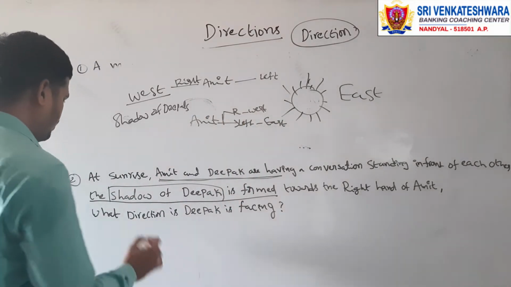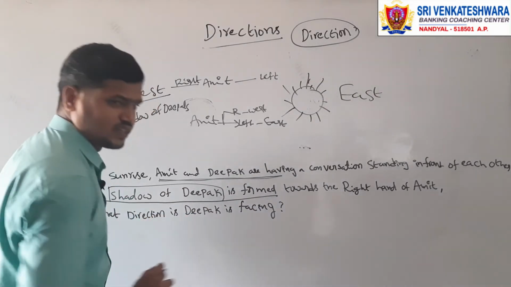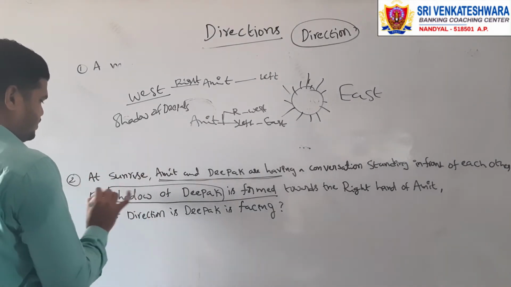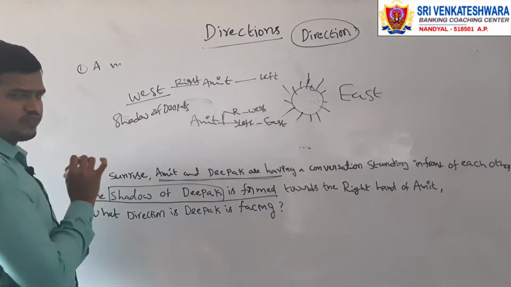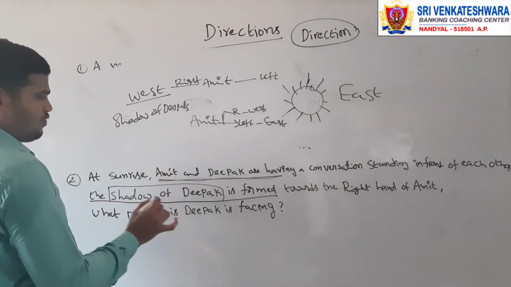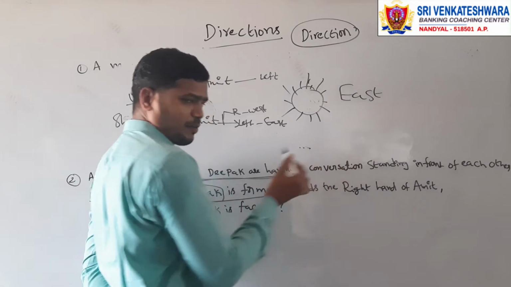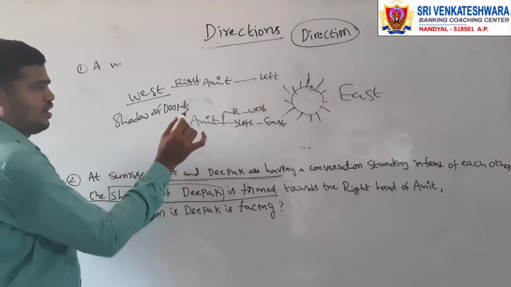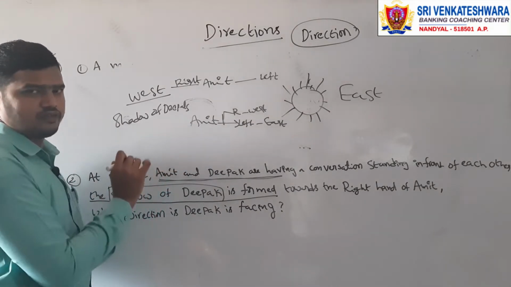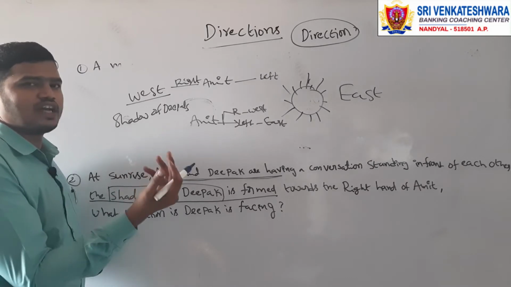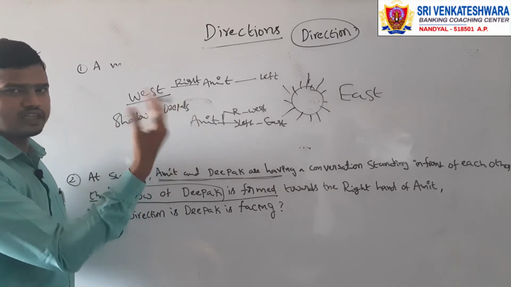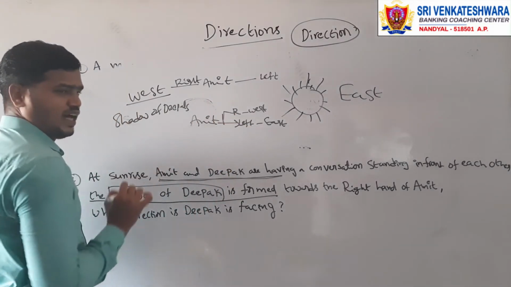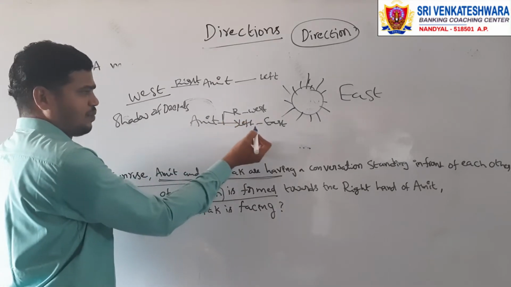Now, what direction is Deepak facing? What direction is Amit facing? First of all we need to find the facing of Amit, and from that we can find Deepak's, because in a conversation both are standing facing opposite directions. So Amit's right is west and Amit's left is east.